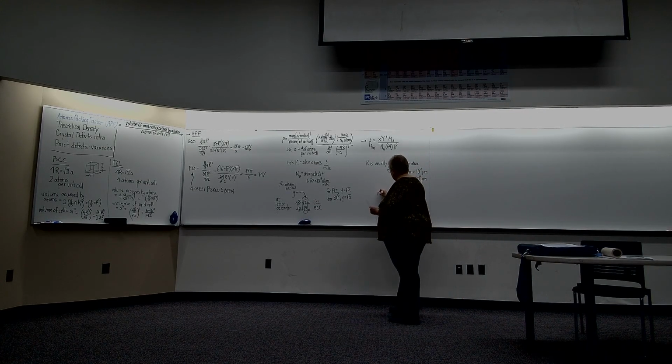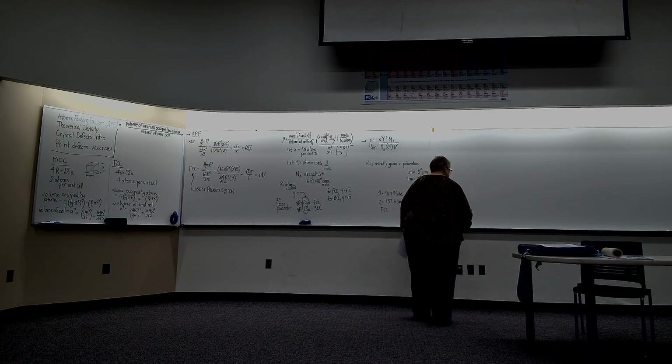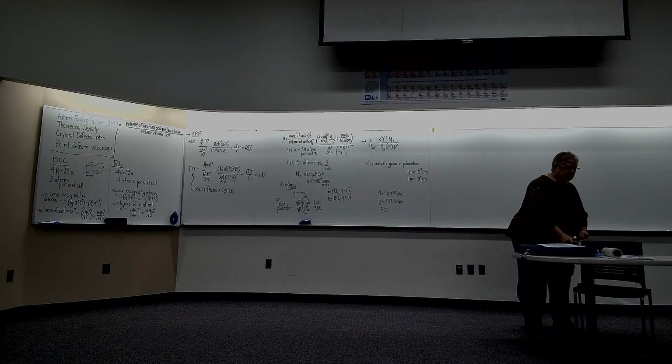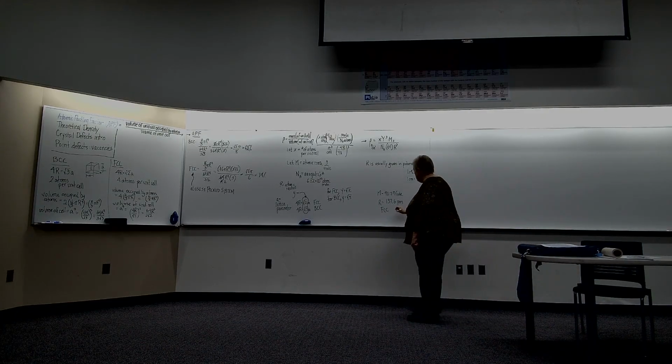I've got atomic mass of 90.7 grams per mole and an atomic radius of 137.6 picometers, and it's an FCC metal. So if it's FCC, then that means X is equal to 4 and Y is equal to the square root of 2.